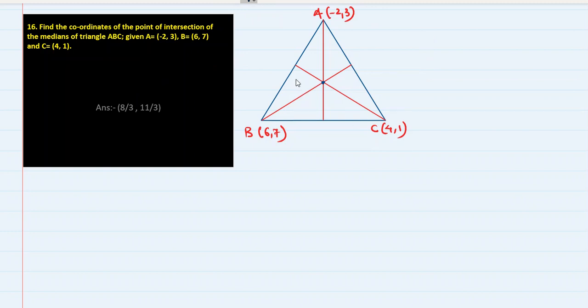In geometry, the point of intersection of all three medians of a triangle is known as the centroid, and its symbol is G. G is the centroid. We have to find the coordinates of the centroid, which is G, the point of intersection of all three medians.